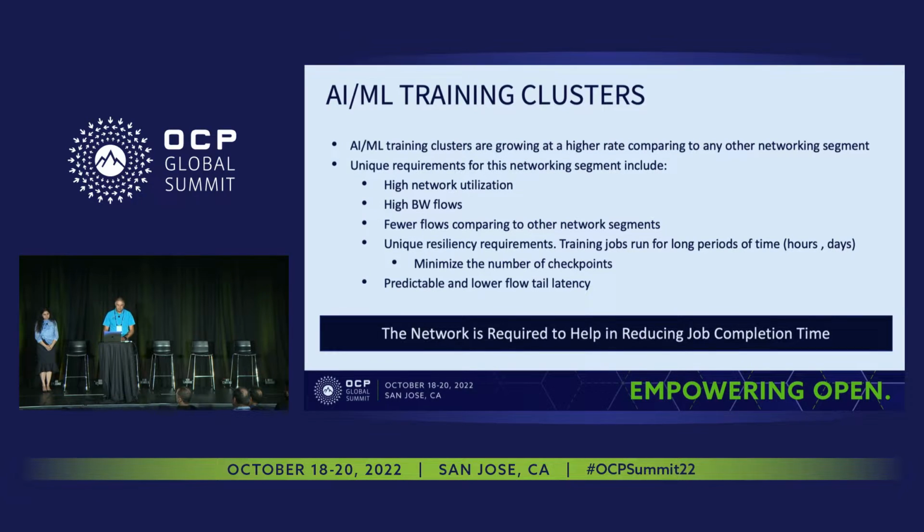So you want the network to be very resilient. So the main point is that the network is required to help in reducing and addressing those requirements and reduce the job completion time.